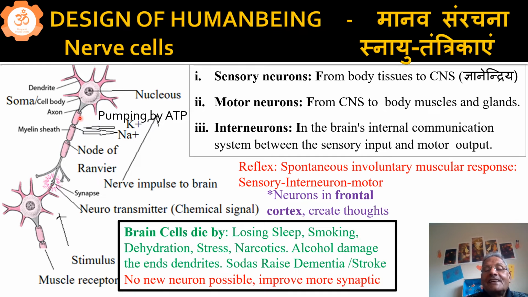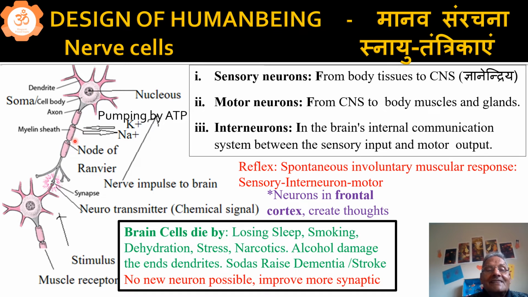Brains and spinal cord are full of these nerve cells, rather neurons. So how do they pass on this message, communicate the message through this axon?